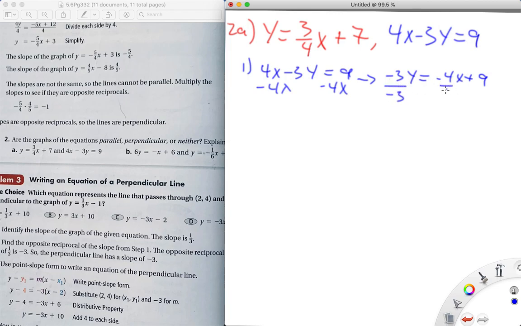Why am I dividing by negative 3? Because y always has to be up by itself. And that gives me y equals 4/3 x plus 3.